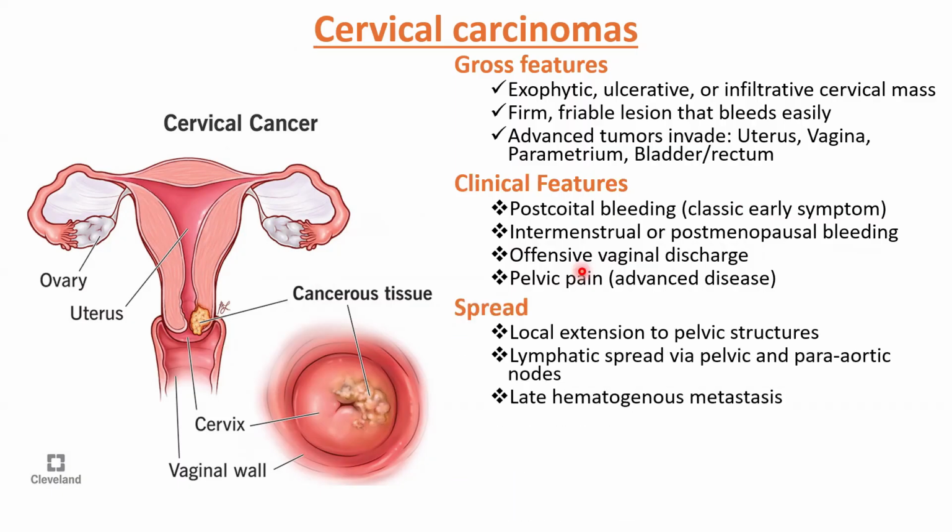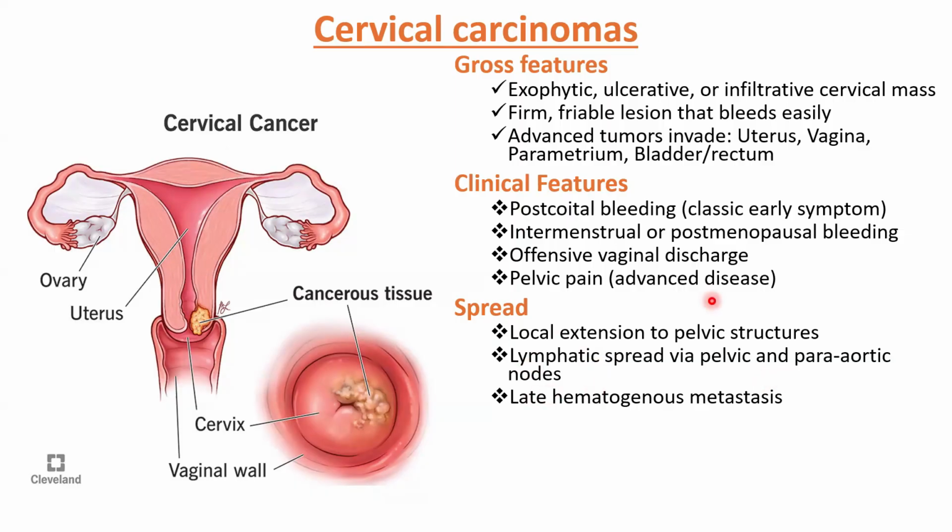The good point is that screening helps a lot. Screening and going for pap smears, especially for sexually active females. It spreads using three ways: local invasion, lymphatic spread, hematogenous.